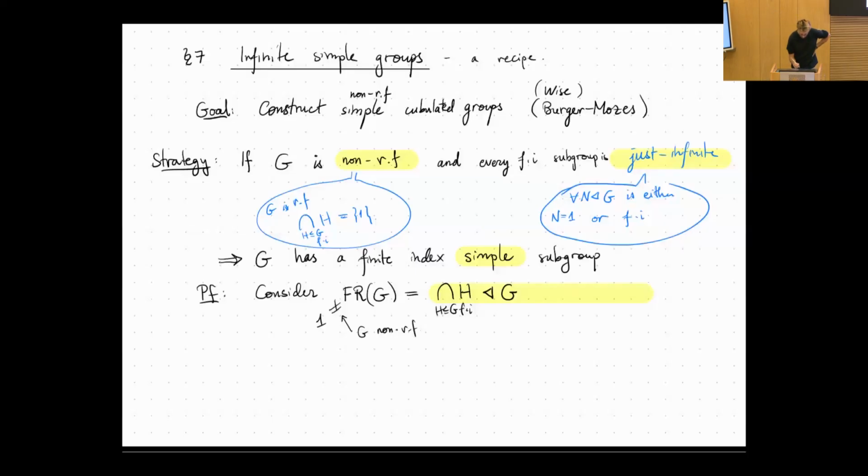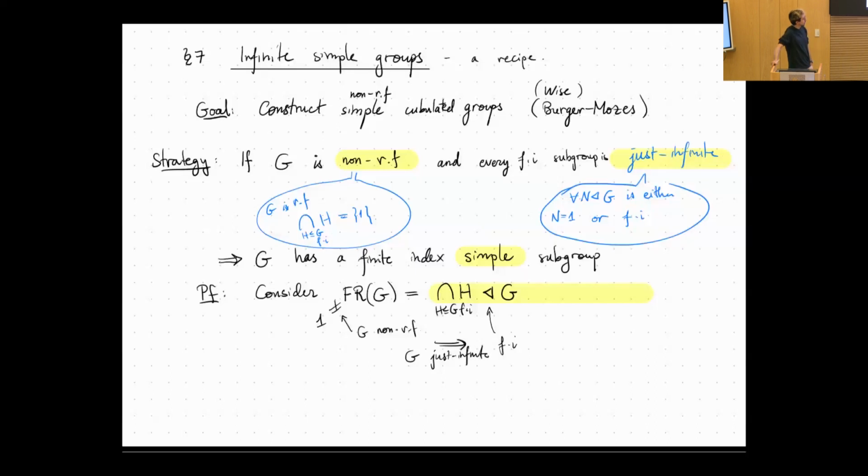So this finite residue has finite index in G. That's the just infinite. Yes. It's true for every subgroup, so it's true for the whole group. That's what you're using now, right? Yes, it's true for every finite index subgroup. Yeah, so it's true.